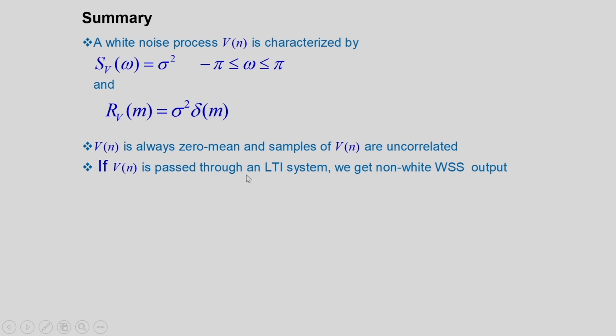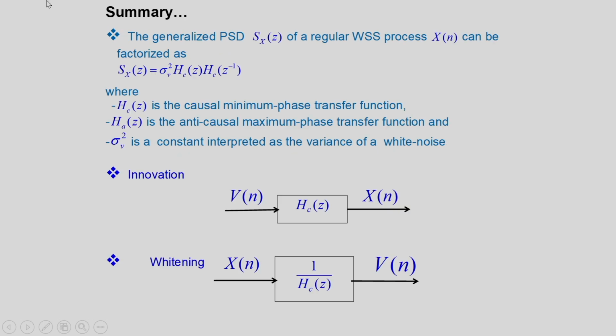If Vn is passed through an LTI system, in the general case we get a non-white WSS output. The generalized PSD Sx(z) of a regular WSS process Xn can be factored as sigma v square, which is the variance of the white noise process, times HC(z), the causal filter, times HC(z inverse), which is an anti-causal filter.